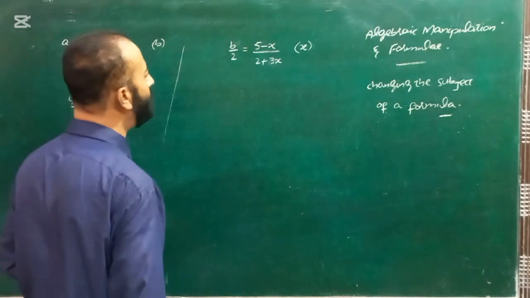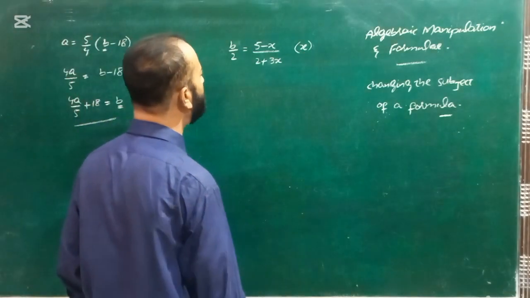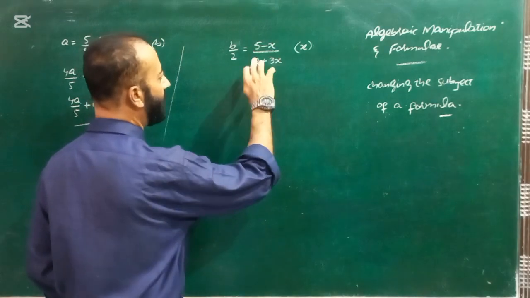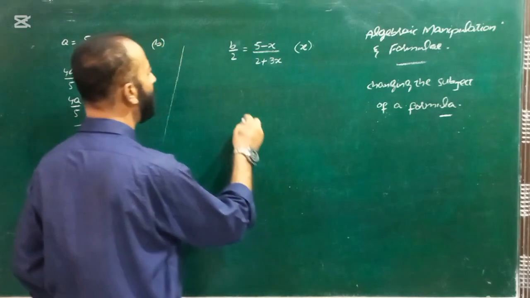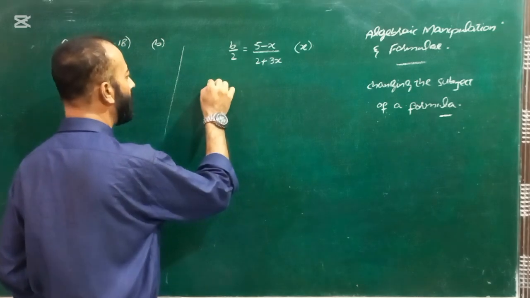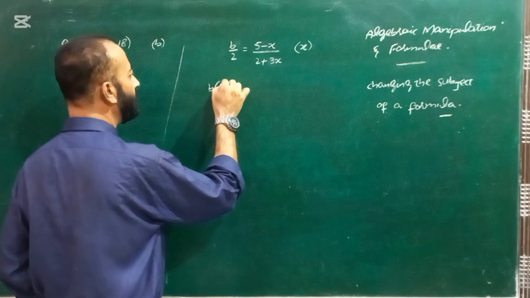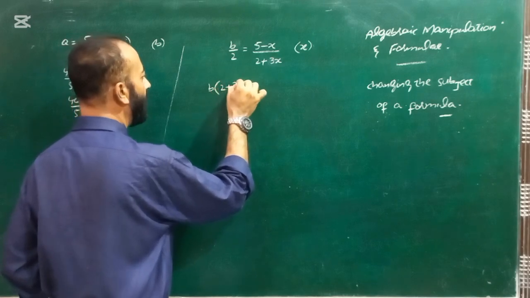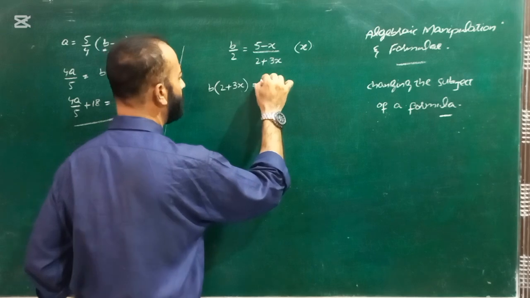In this question, if you can see, x is required to be the subject. But x is coming at two places. So first we will cross multiply the values. So look now, on the left hand side 2 plus 3x will come, and on the right hand side this 2 will go.